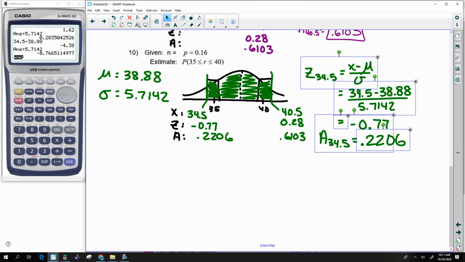Okay, now that I have the areas of both of them, to find the area in between, I take the big minus the small.